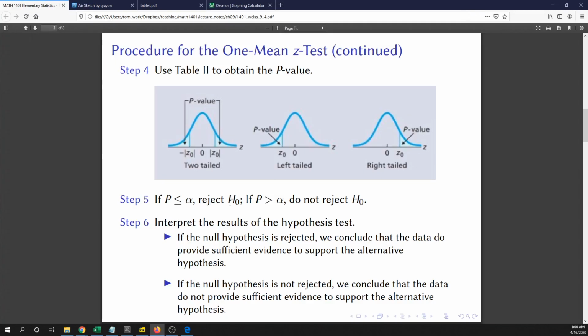Step 6 is to interpret your results. We did not reject the null hypothesis.